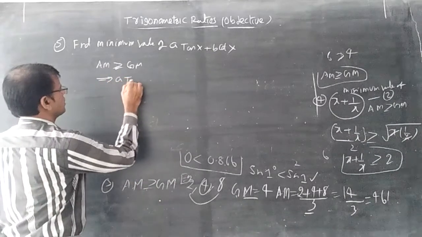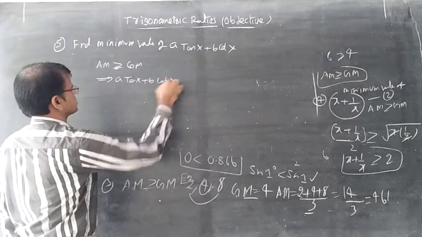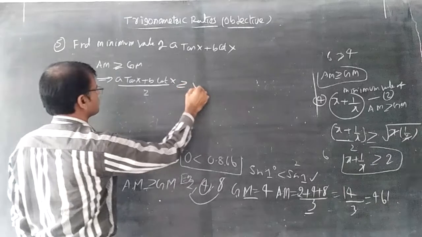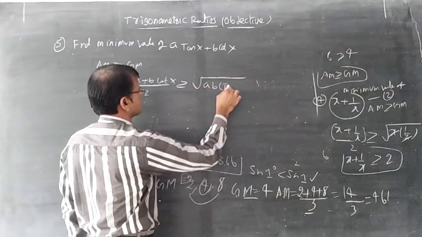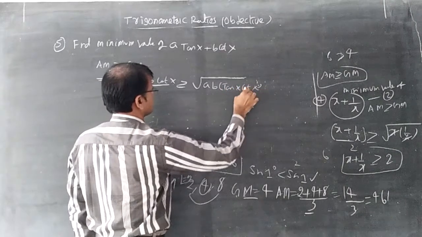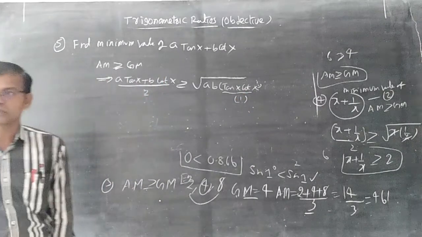We can write here, a tan x plus b cot x whole by 2 is greater than or equal to the root of a tan x into b cot x. Do you remember that tan x into cot x is equal to 1?